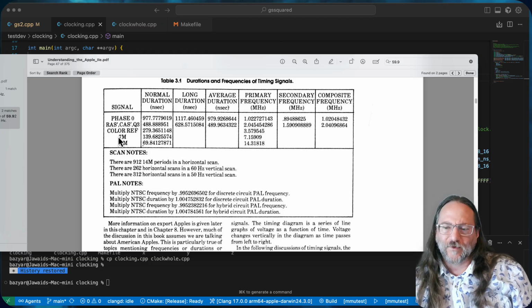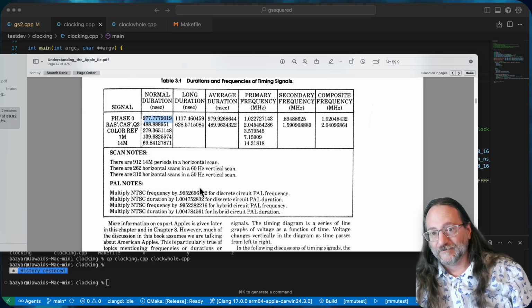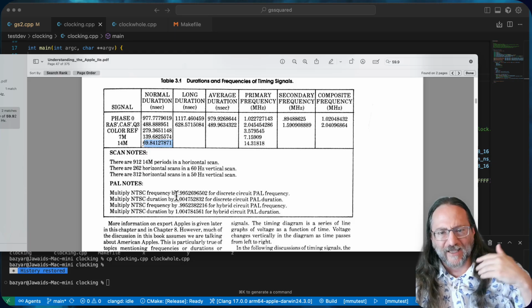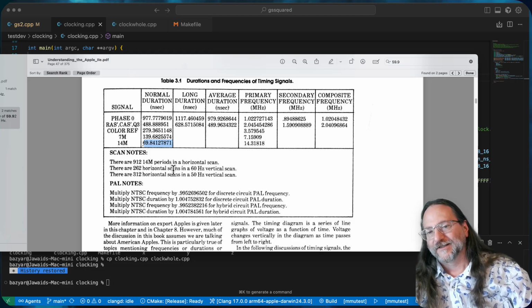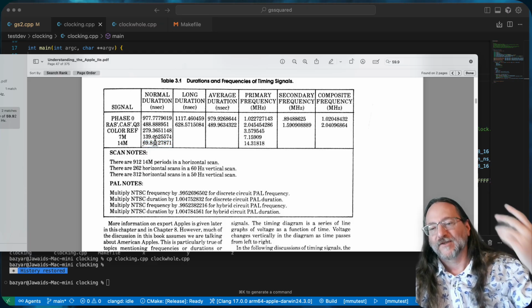So the 65th cycle of every group of 65 cycles is the 977 nanosecond duration of the regular CPU clock, plus 2 extra 14M cycles. So it delays the CPU clock by an extra 2 of the 14M cycles, and then proceeds.